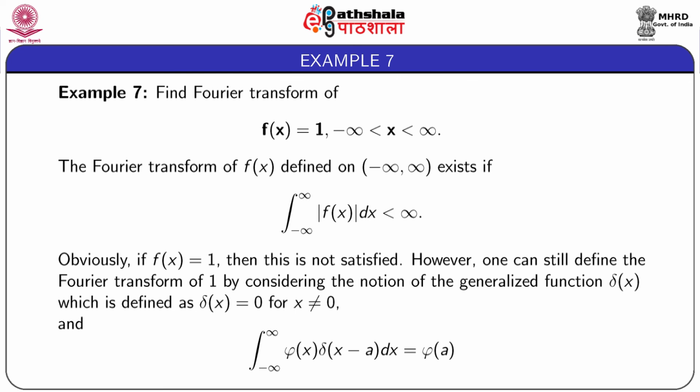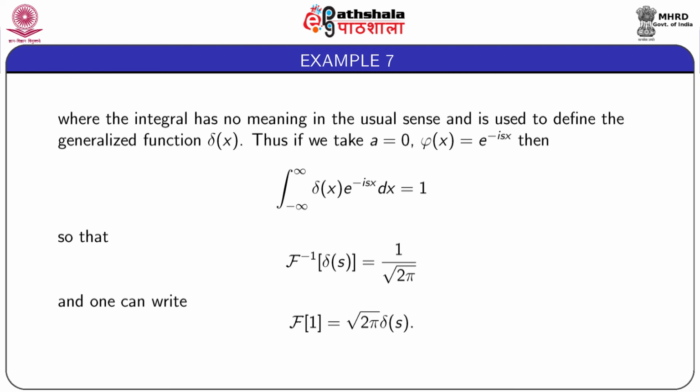But when f(x) equal to 1, this condition is not satisfied. However, one can still define the Fourier transform of f(x) equal to 1 by considering the notion of the generalized function delta(x). This delta(x) is defined as delta(x) equal to 0 for x not equal to 0, and delta(x) has the property that the integral from -∞ to +∞ of phi(x) delta(x - a) dx equals phi(a), where phi(x) is some ordinary function.